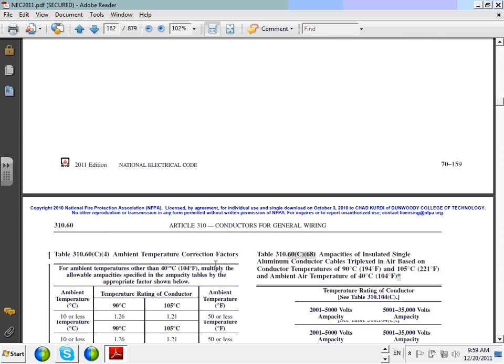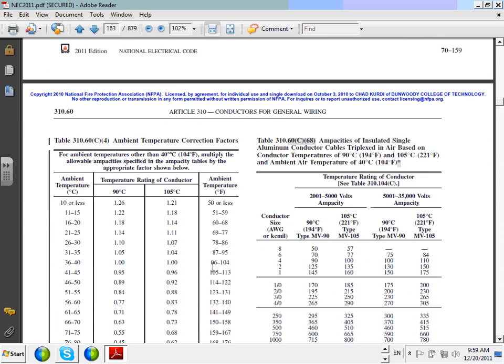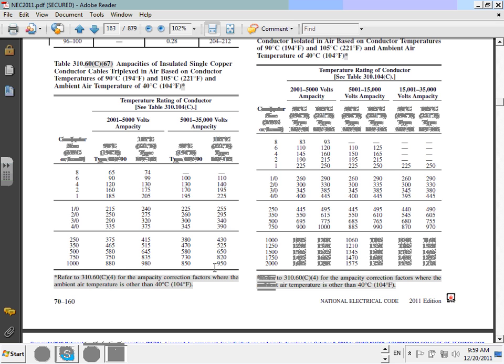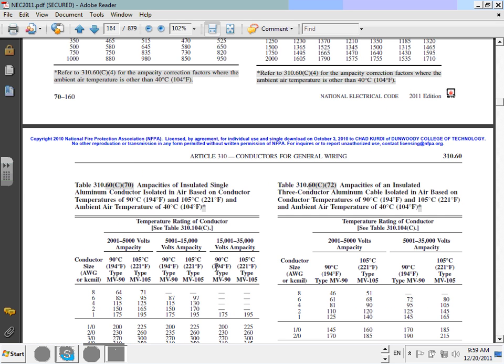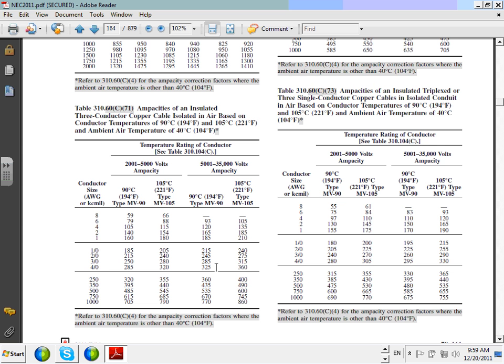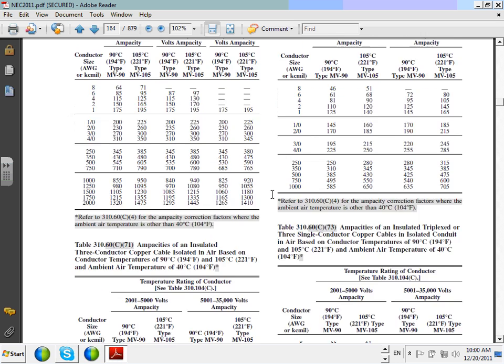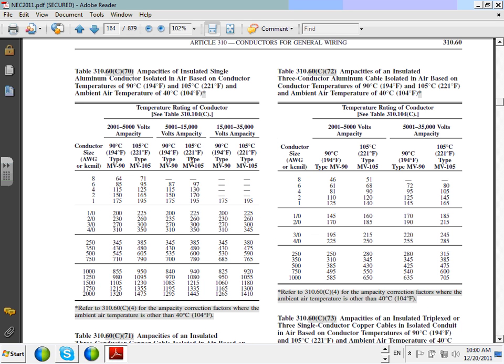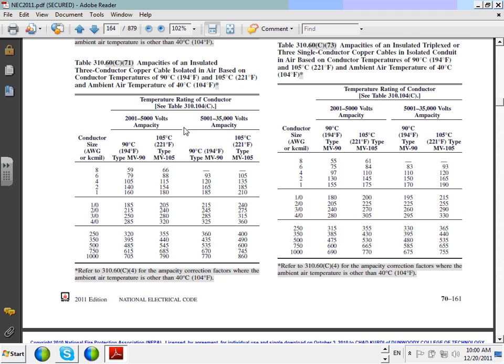The table that we're going to be using, I'll get back to it. Let's say we're coming underground, and we're going to be using conductors. 310.18, they changed the numbers on me. So insulated conductors, temperature rating. We have here medium voltage. Let's go to detail.